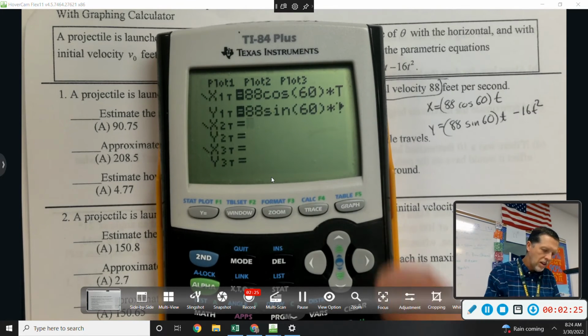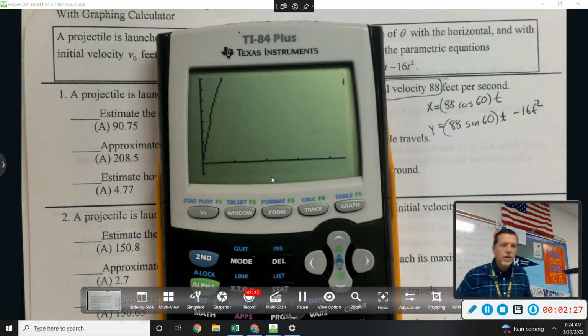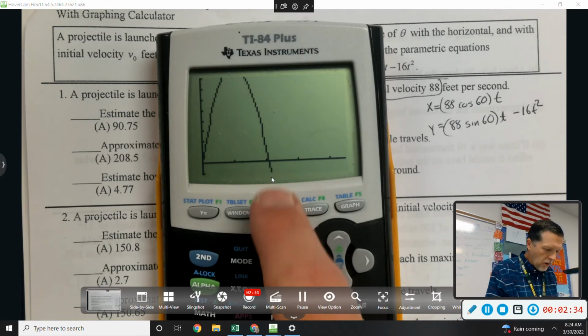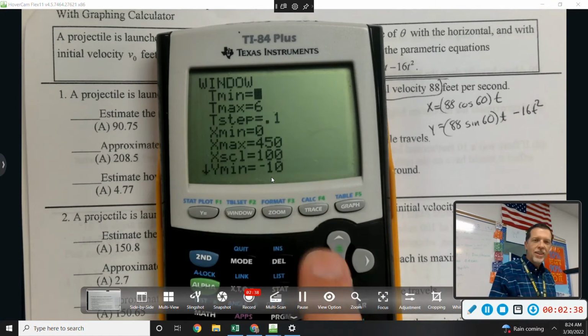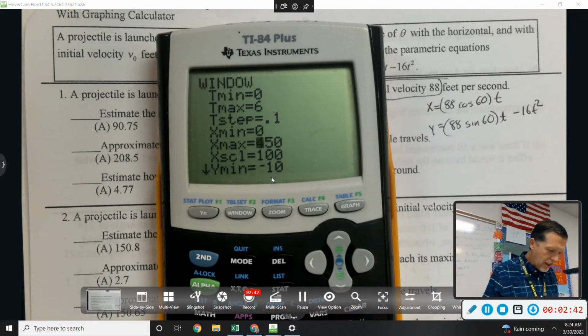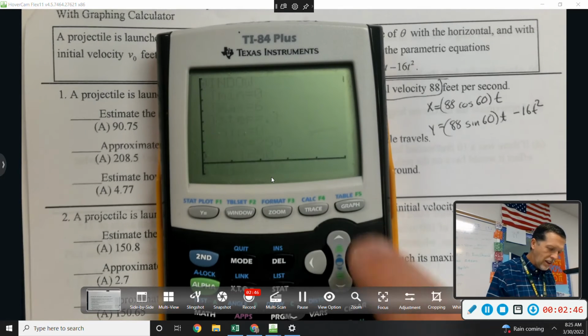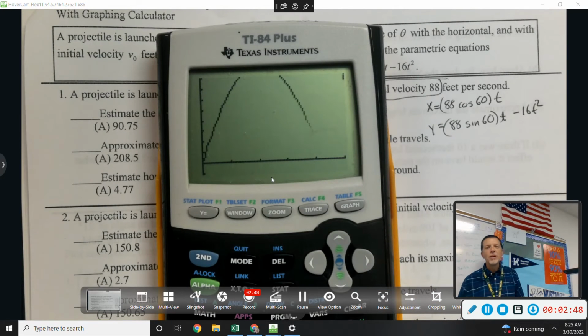Okay. Graph it. It's probably not a good window because who knows, although it's not a terrible window, at least for x. So x needs to be like half as much of whatever it is now. So x was 0 to 450. So let's go 0 to 250. I'm going to go one at a time. I guess if you remember enough to change them both, that's fine.